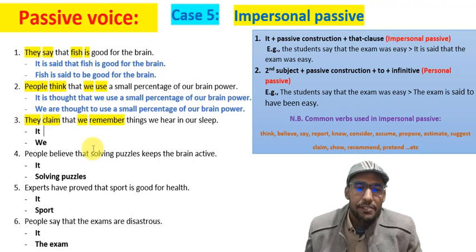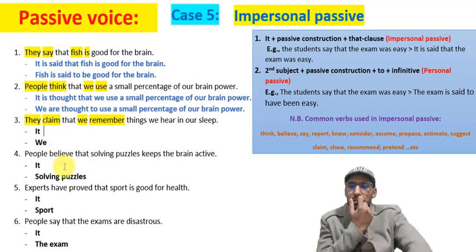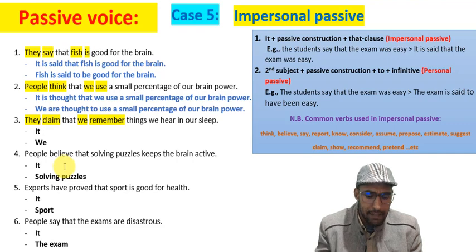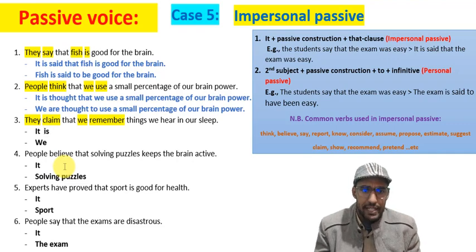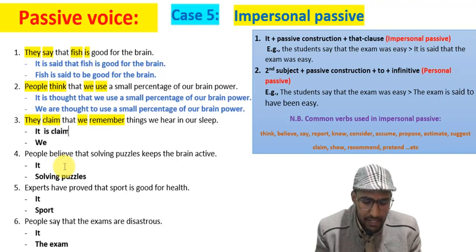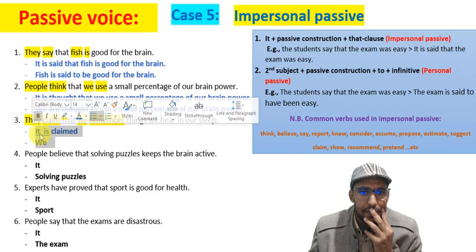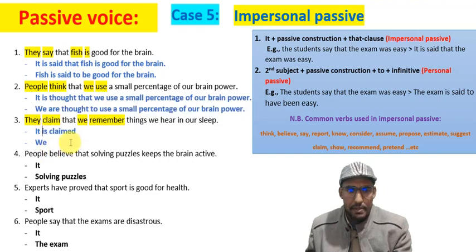Let's apply the first rule. Our first suggestion is very easy. Claim here is in the present simple, so I say is. It is claimed, very simply this way, the past participle of the verb claim.